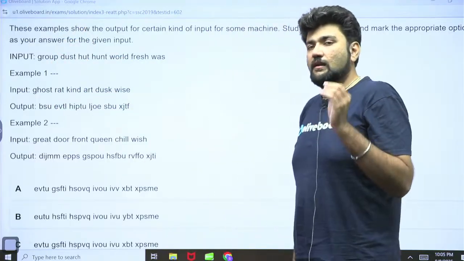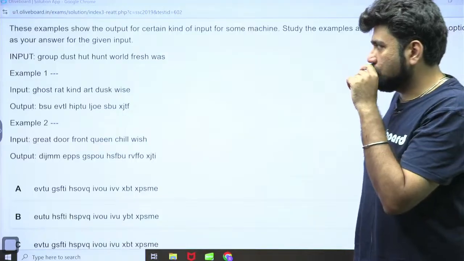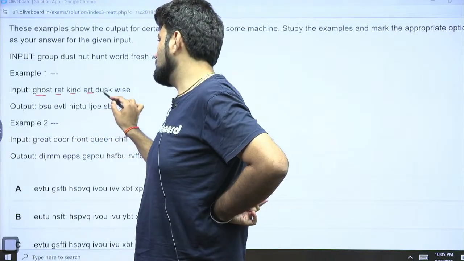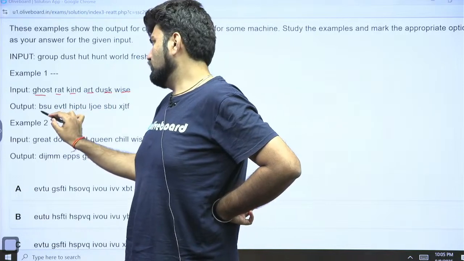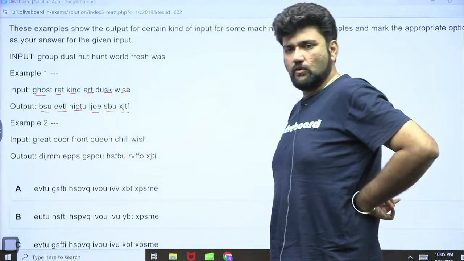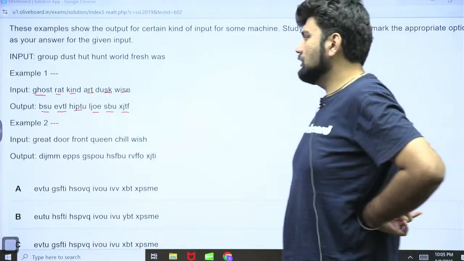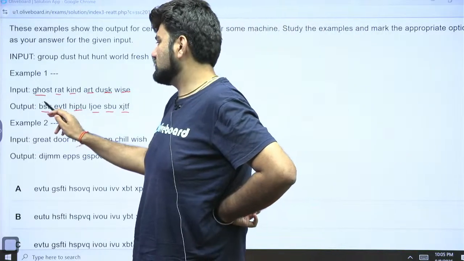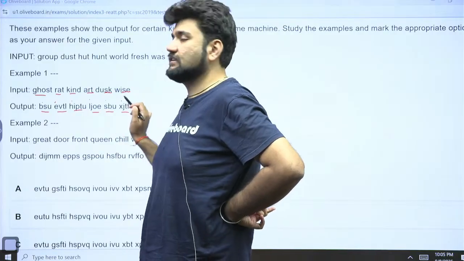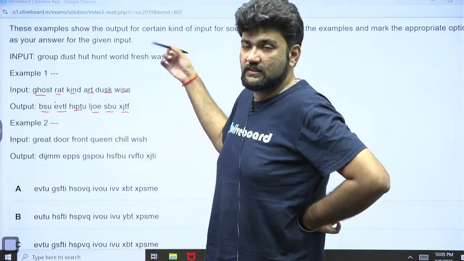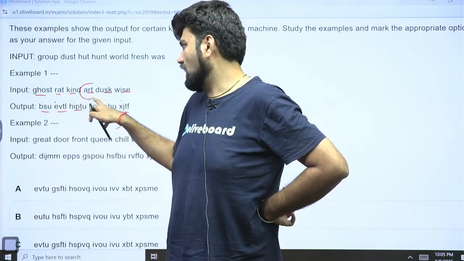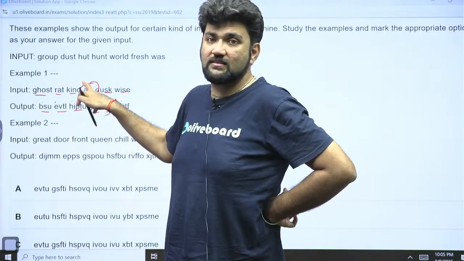Now you have to understand, if you look at the input and output, you have ghost, rat, kind, art, dusk, wise. But if you look at the letters here, they are totally different. The letters are not matching anything. Also, if you observe, this is 2, 5, 8, 12, 19 and 24, so they are arranged in ascending order. Look at the smallest word here. This is art. Smallest word means starting with the smallest letter.